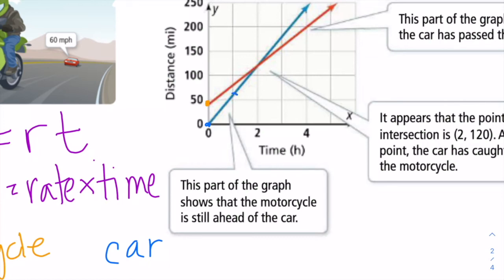At 2 hours, it'll be at 120. At 3 hours, it'll be at 180. So this is 60 here, and right here is 120. So that means after 2 hours, they're going to intersect.